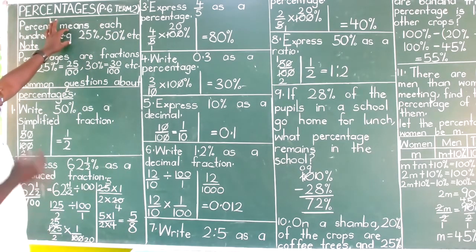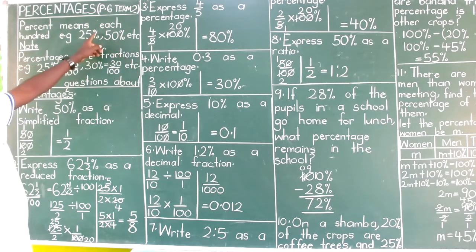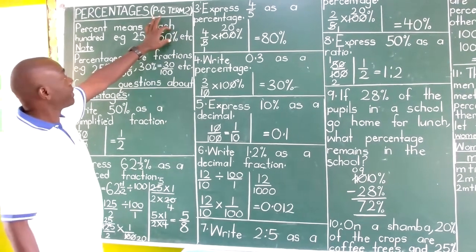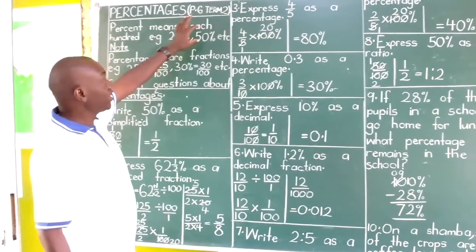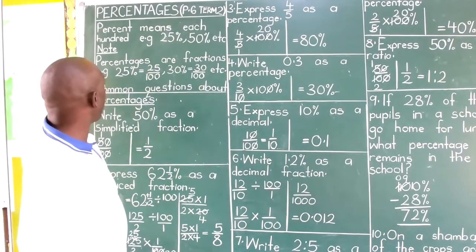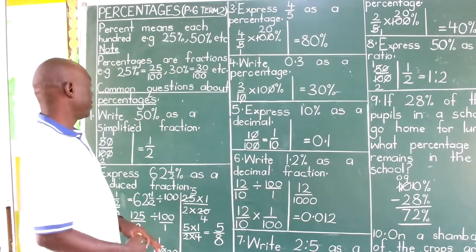For example, we shall have percentages like 25%, where % is the symbol of percentage, 50%, 30%, 80%, and so on. You will note that all percentages are fractions.